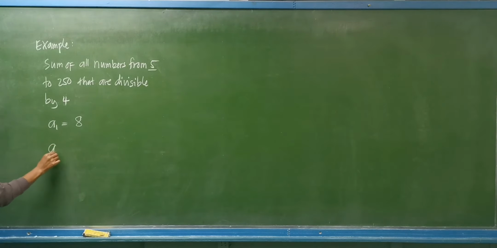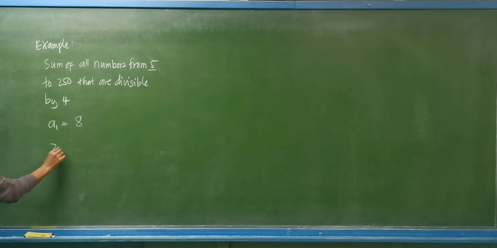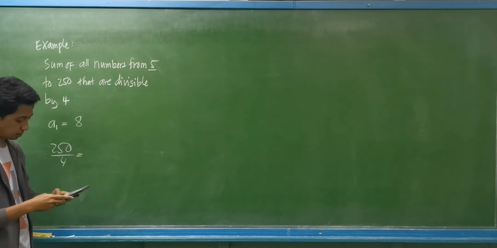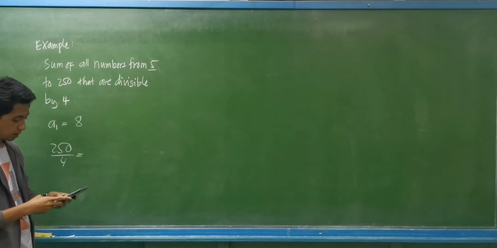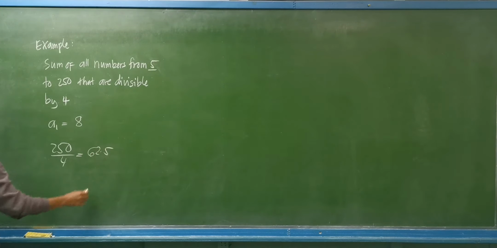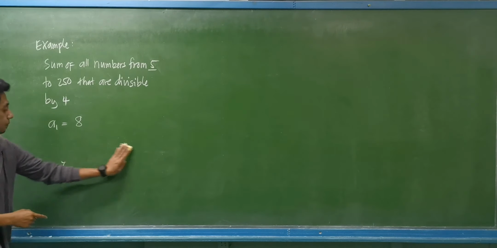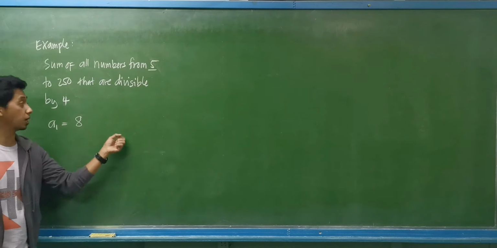What is our last term, a sub n? Is it 250? Let us first determine if 250 is divisible by 4. 250 over 4 is 62.5, so it is not divisible by 4. If we say divisible, our quotient should be a whole number. So 250 is not our last term.